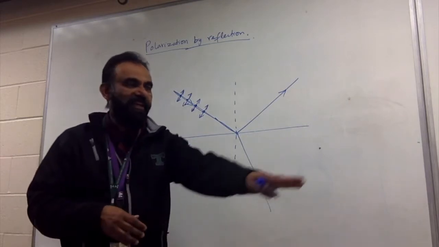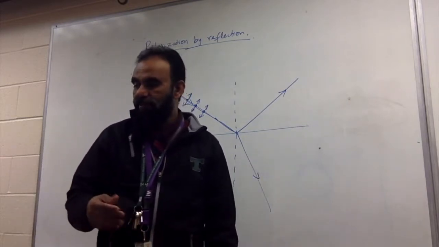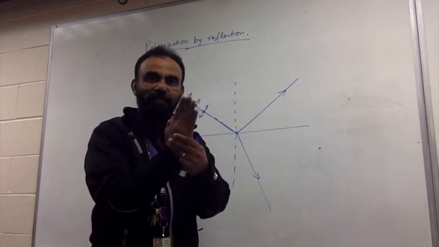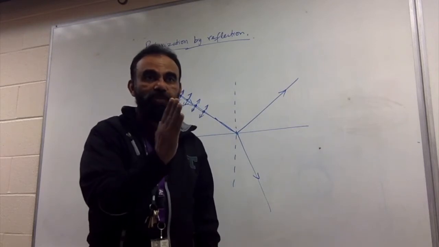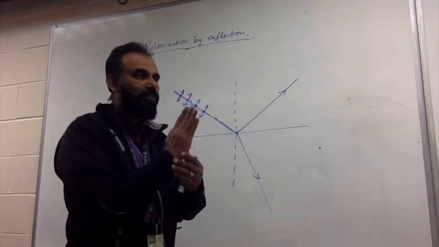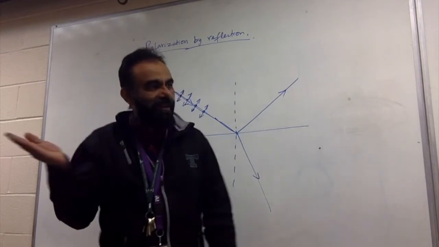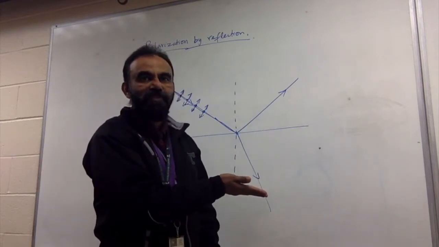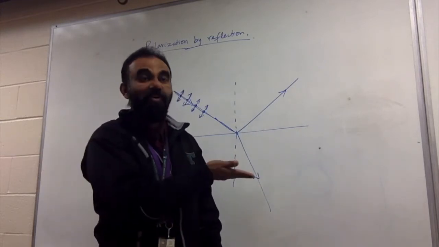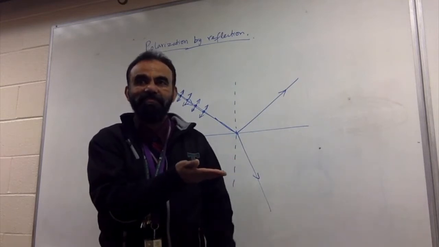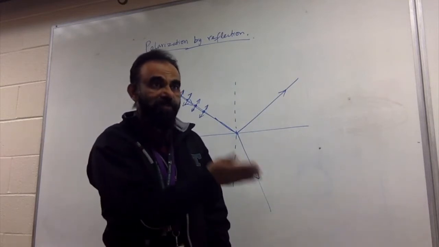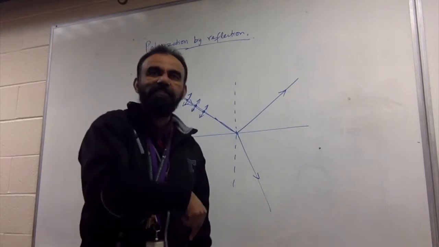Think of this, you're standing next to a pond and you have a slab of stone, and you are opting to throw it this way and this way. Which has a greater chance of bouncing? Horizontal. Have you done skipping? Yeah. So this way it bounces. This one has a greater chance of going in.